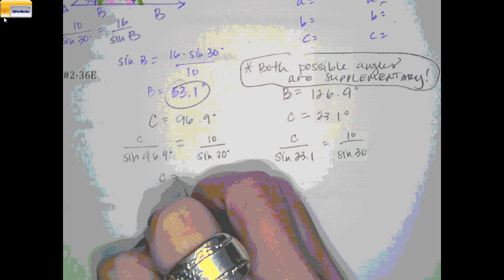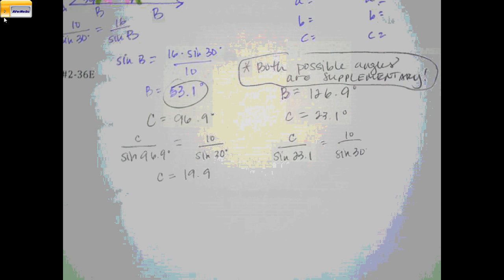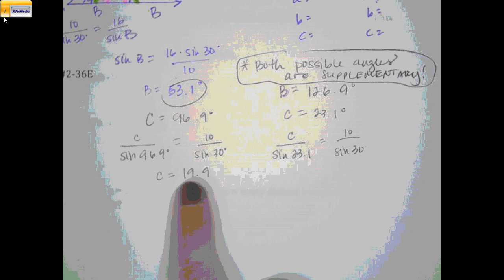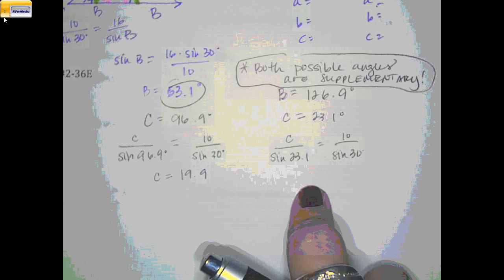For this guy, I got 19.9. Did you guys? Yes. You're going to have two answers, one for the first triangle and then one for the second triangle. Does that make sense?